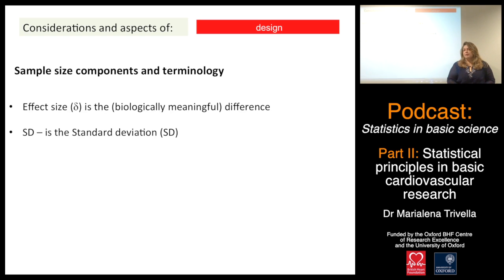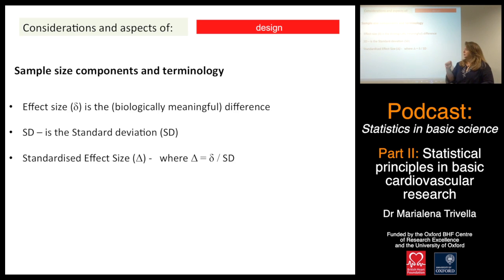We will also require an estimate of the anticipated standard deviation of the outcome we are interested in measuring. Together with this and the effect size, we are able to calculate the standardized effect size delta using that simple formula, and we will explain a little later on why this is useful.